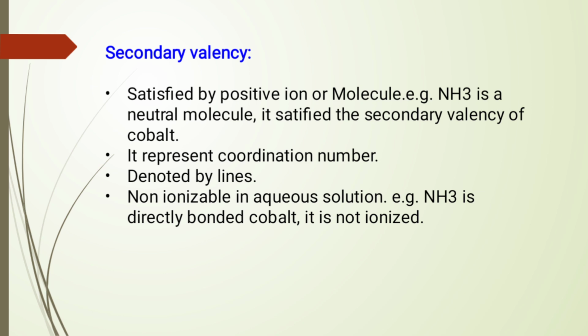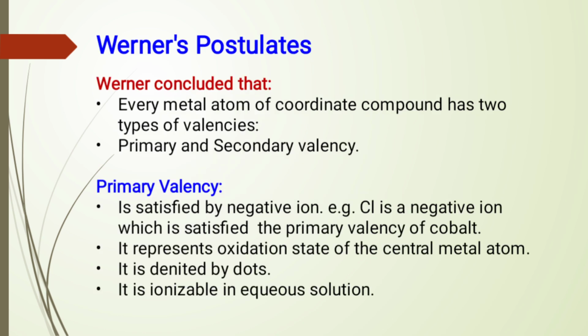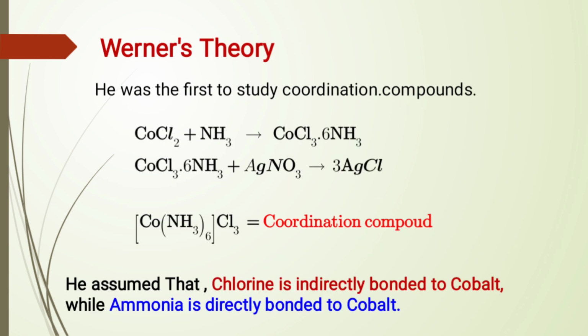We are going to see this when we draw the structure. It also represents coordination number. This secondary valency represents coordination number, as we see, the 6 right here is the coordination number. Do you understand this? We are going to see it in the structure.